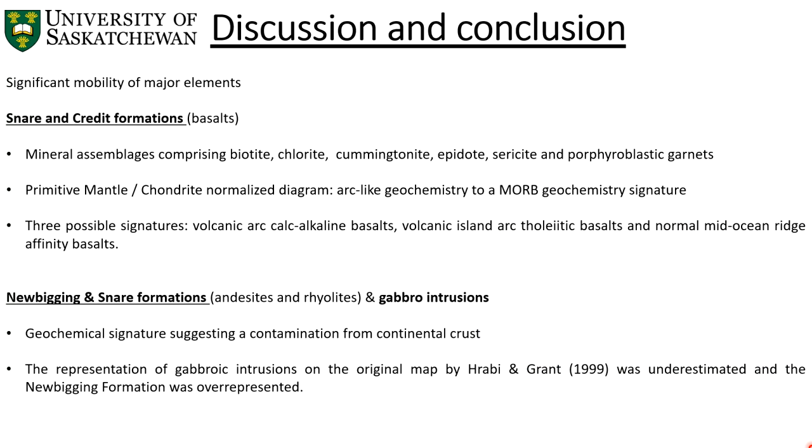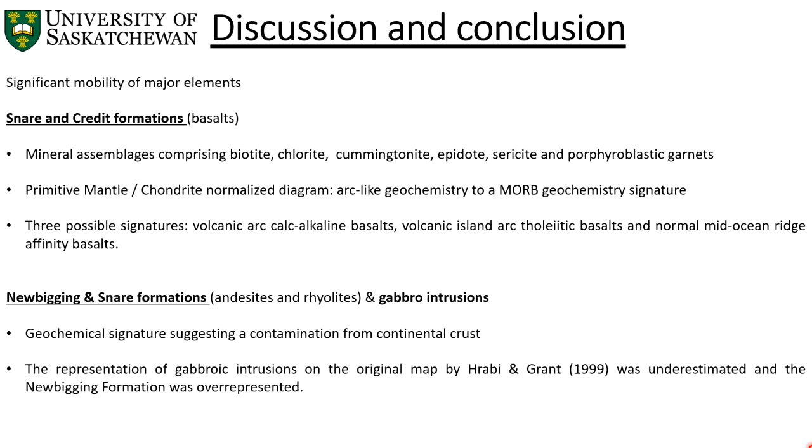So it is possible to say that there is significant mobility of major elements within the belt. The Snare and Credit Formation basalts have mineral assemblages very typical of greenschist to amphibolite facies. Using the primitive mantle and chondrite normalized diagrams, it's possible to say that they have an arc-like geochemistry and a MORB-like geochemistry signature for basalts.